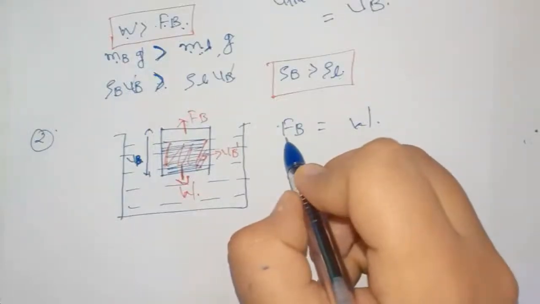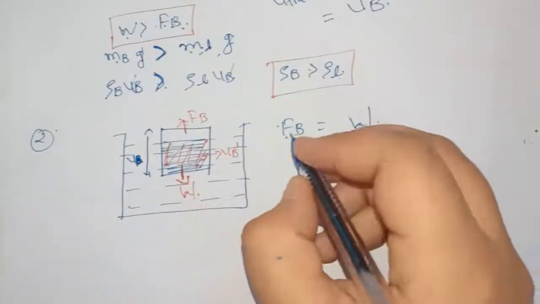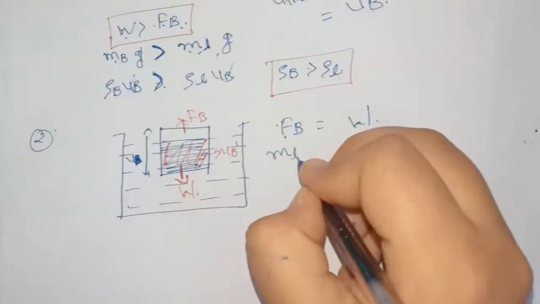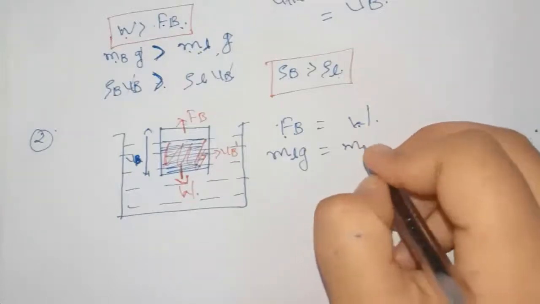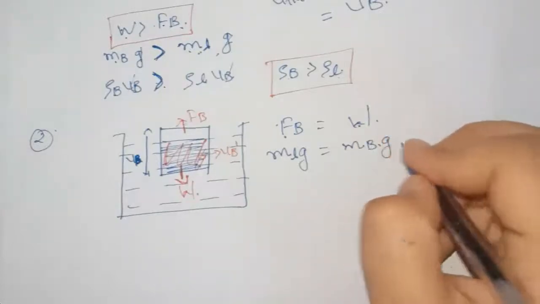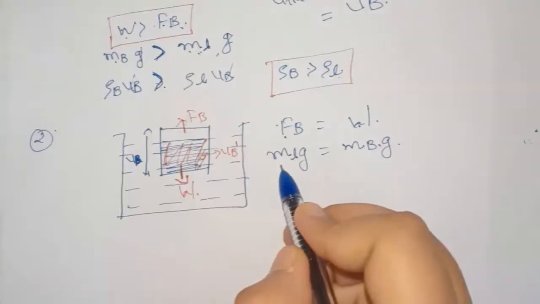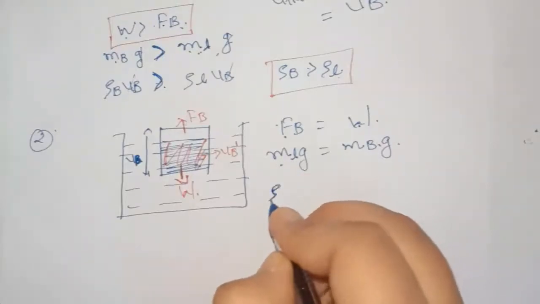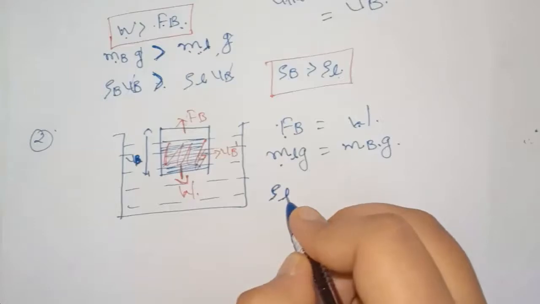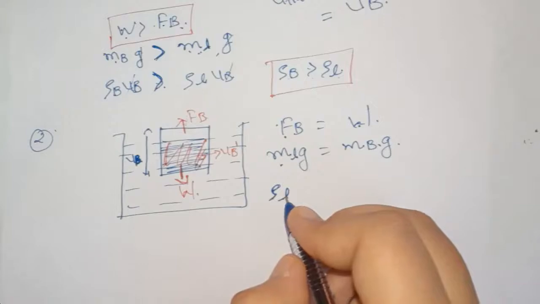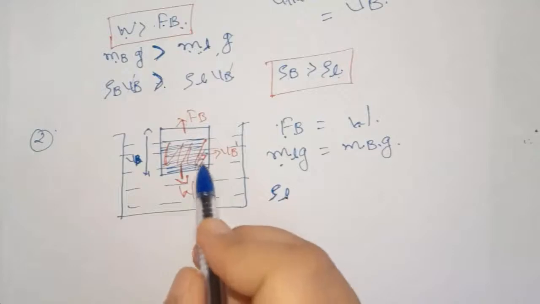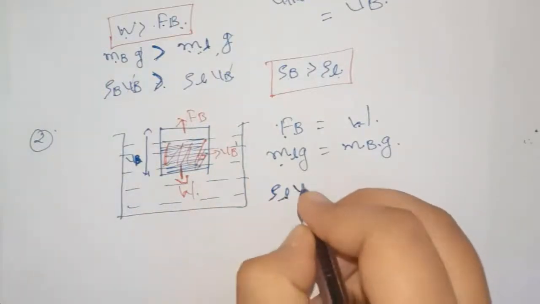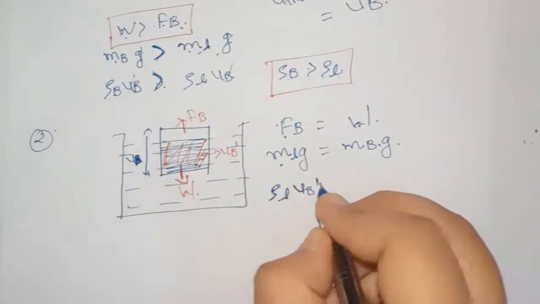The buoyant force is given by mass of liquid displaced into g, and the weight is mass of body into g. Mass of liquid displaced is given by density of liquid into volume of liquid displaced. The volume of liquid displaced is equal to the volume of body inside the fluid, which is VB dash.